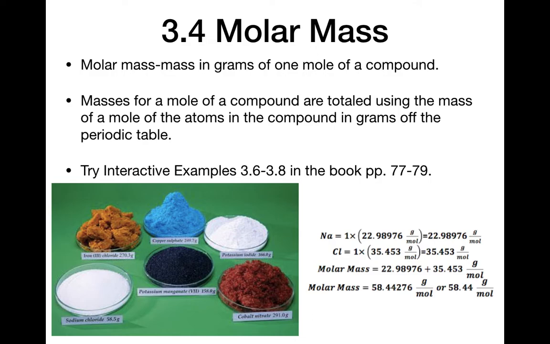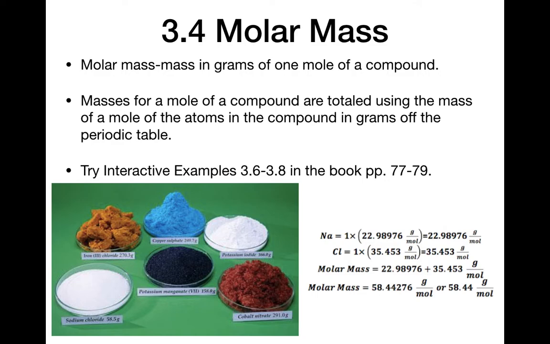Molar mass is the mass in grams of a mole of atoms if it's an element, or a mole of a compound if it's a molecule or an ionic compound. Masses for moles of compounds are simply found by totaling up the mass of the moles of atoms that make up the compound.